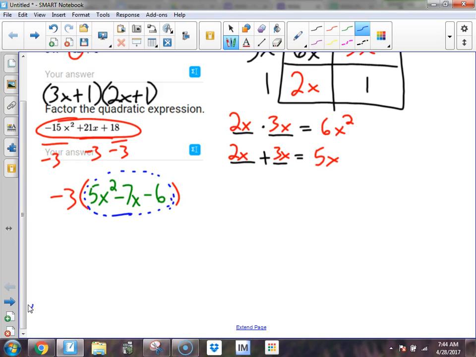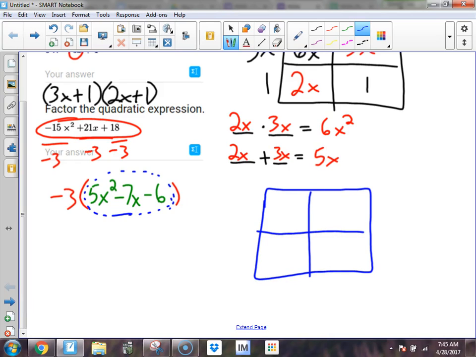To check to see, we go to our box. Top left-hand corner, I'm not going to put the -15x squared. Now I'm focusing on this green polynomial. I'm going to put the 5x squared. So put down 5x squared here, and then the last term in this case, -6.